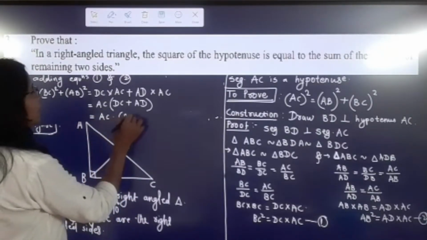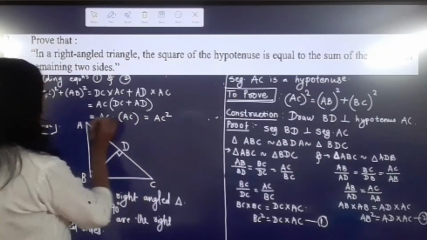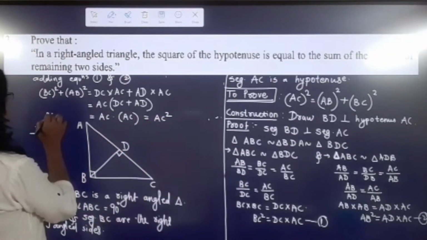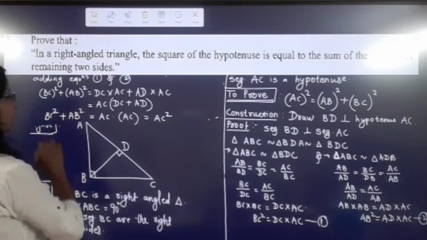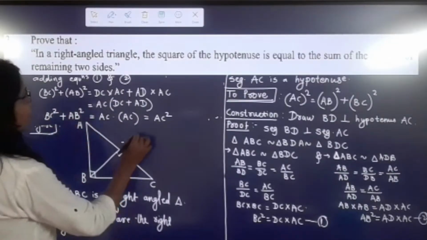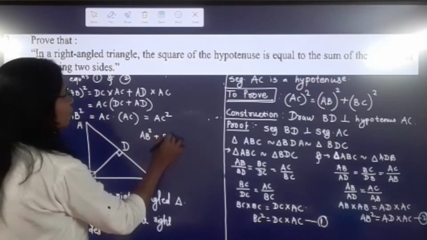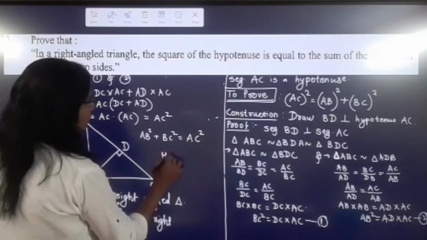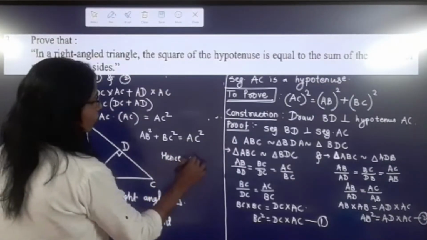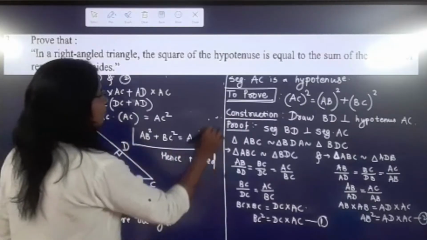So here AC into AC, and that means students AC square. So here we say that BC square plus AB square is equal to AC square. Finally, we write down AB square plus BC square is equal to AC square. Hence proved. Okay, hence Pythagoras theorem proved.